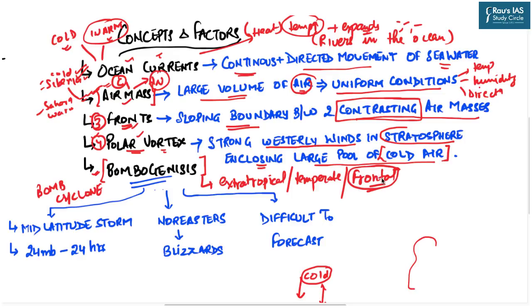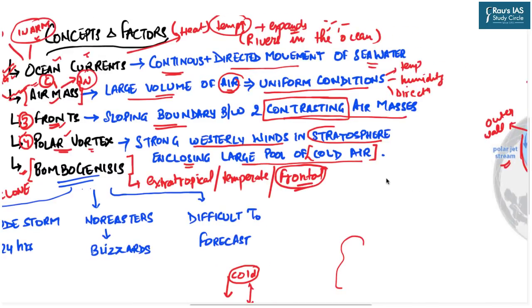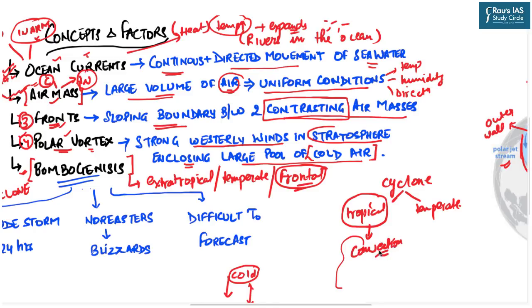If we go by the basics, we know that cyclones are of two types. One is tropical cyclones and the other is extratropical or temperate cyclones. The reason for the generation of tropical cyclones is intense convection, which in turn is because of intense solar heating. But the reason for the development of the temperate cyclone is the development of fronts. And what are fronts? We have recently discussed that fronts are the sloping boundaries between two contrasting air masses.